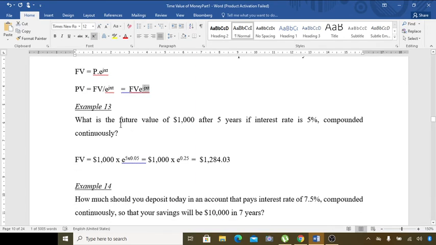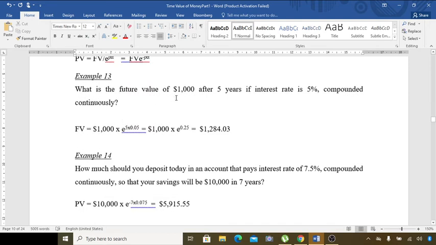Let's look at an example. What is the future value of 1,000 after 5 years if the interest rate is 5%, compounded continuously? Applying the formula, the future value now becomes 1000 times, remember, e to the power of 5 times 0.05.